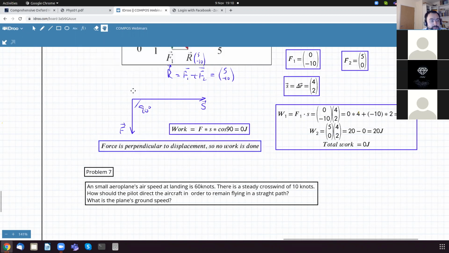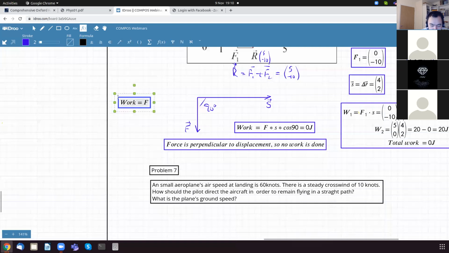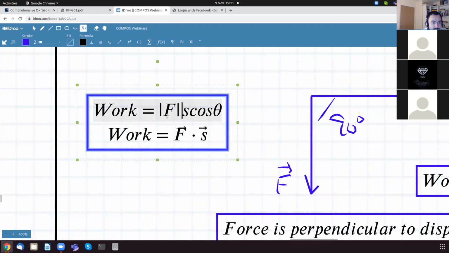This is from the definition of work. Work is force times displacement times cosine theta, the angle between them. Or you can rewrite the same thing as the dot product of vector F and vector d. Here, these are not vectors; this is the modulus, and this is the modulus.